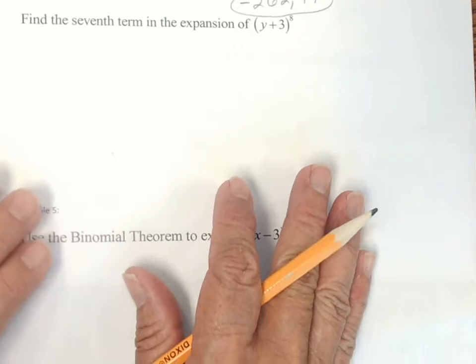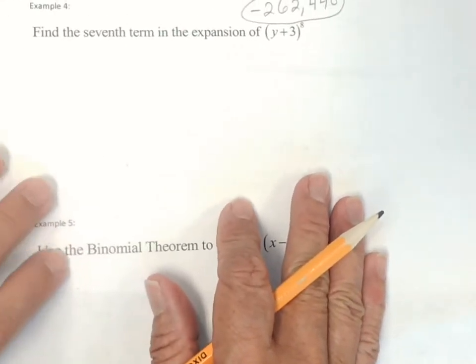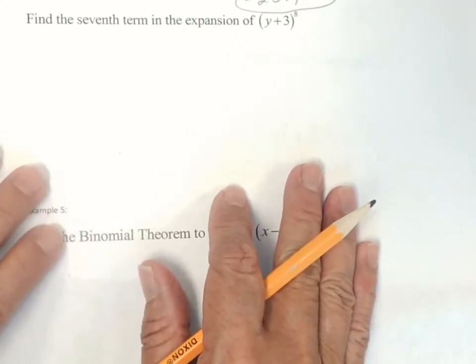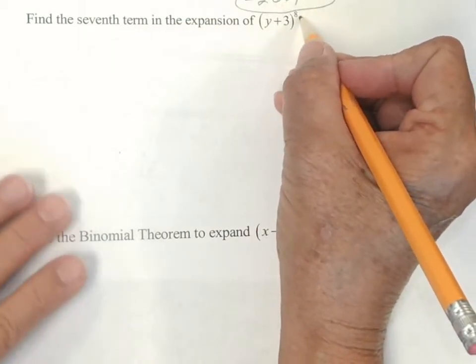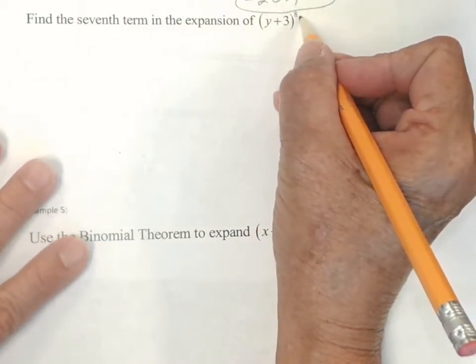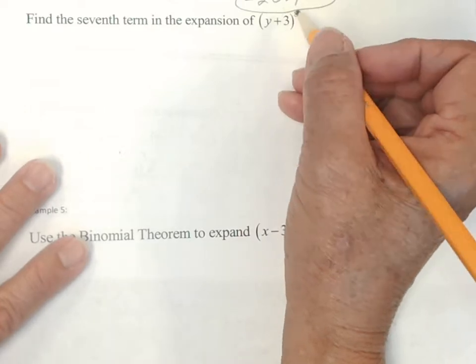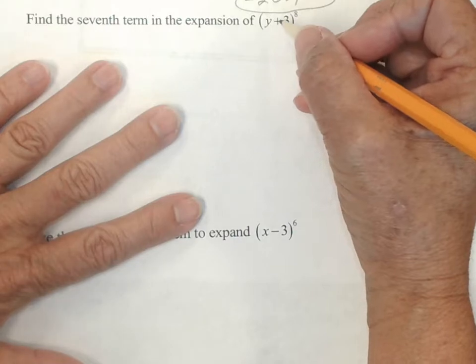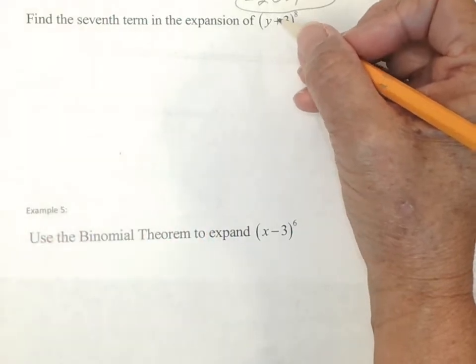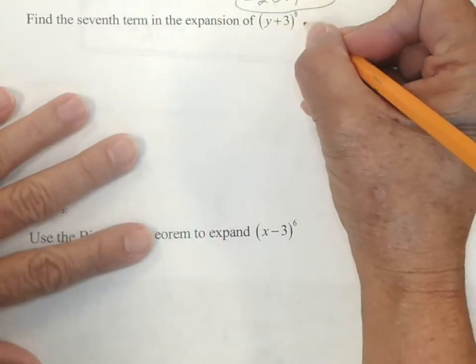Okay, so let's take a look at this next one. We're asked to find the 7th term of this expansion of y plus 3 to the 8th power. Okay, so if we were to expand this, which term is that? We could write them all out, or we could do this.